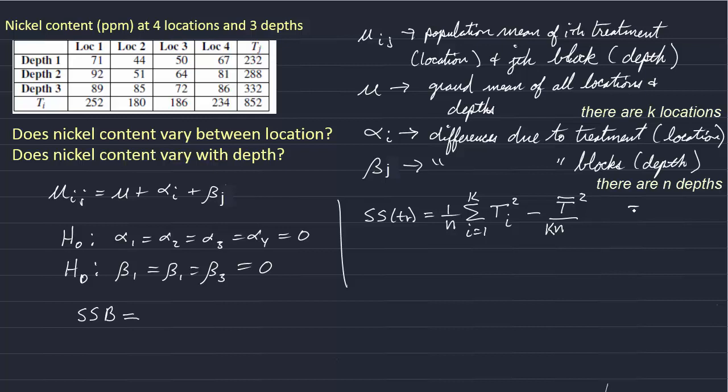Remember that T sub i is the sum of x ij, the sum over all the depths of the ith location.